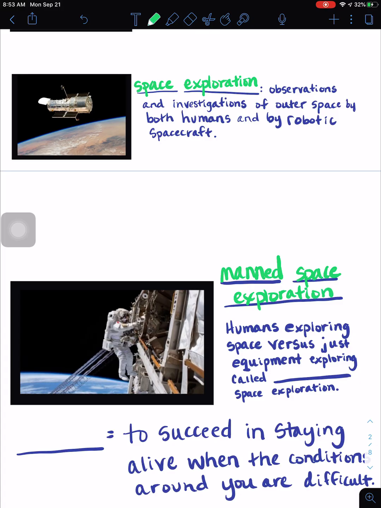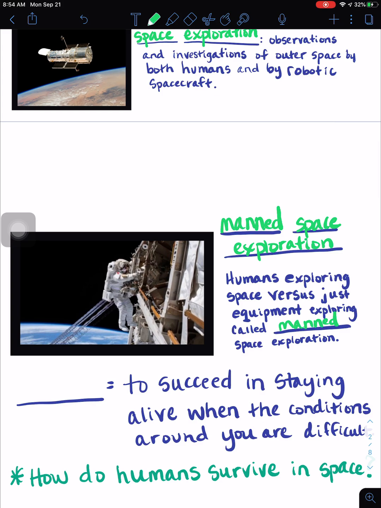Humans exploring space versus just equipment exploring. Oh, there it is again, manned. Twice you have it. Humans exploring space versus just, that's what I wanted to put there.